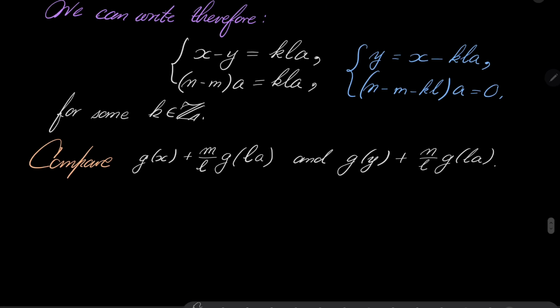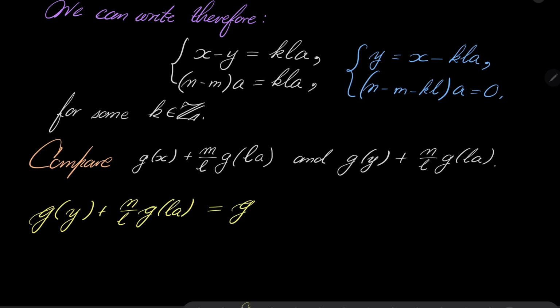Well, notice the following. Let's write this. g of y, maybe let's write it in a different color, g of y plus n over l g of la. What is g of y? Well, y is x minus kla, and here we can write n over l g of la.